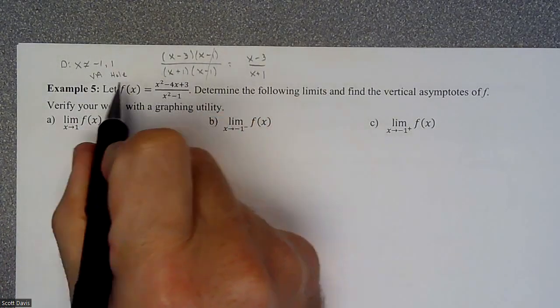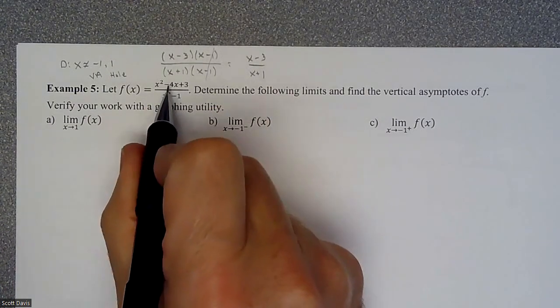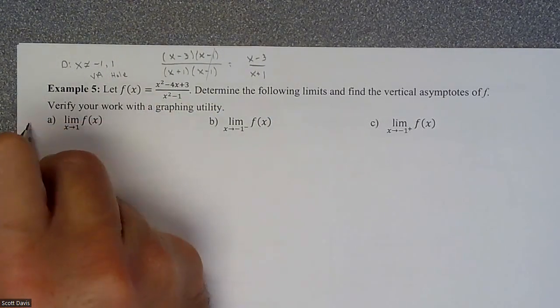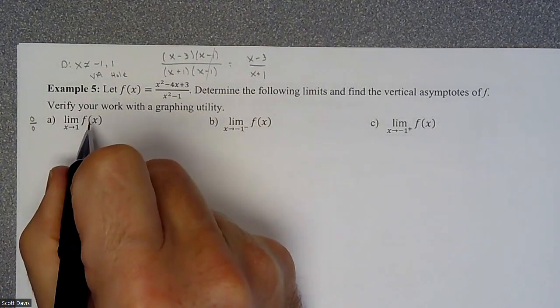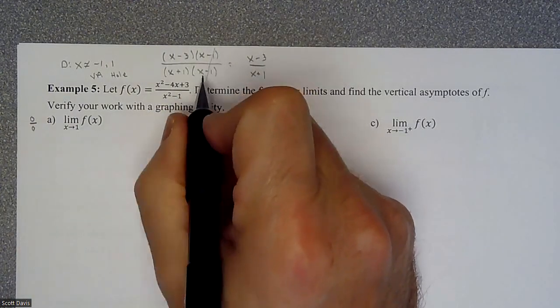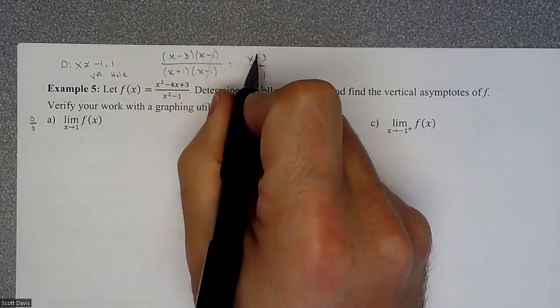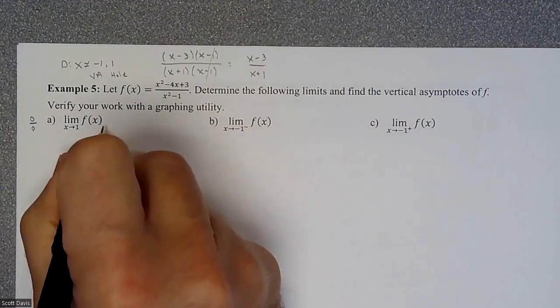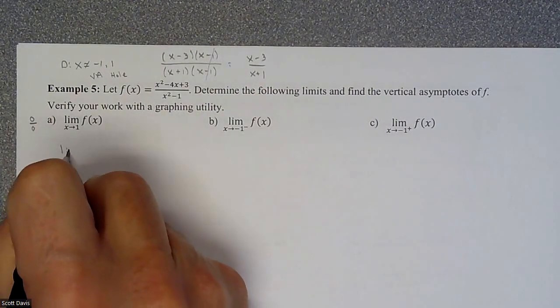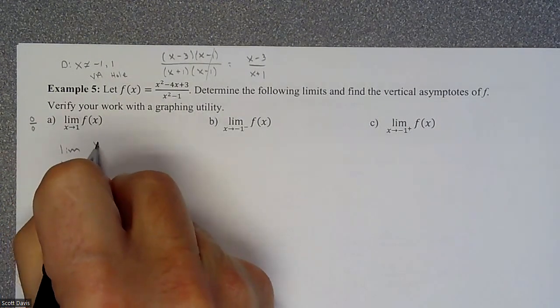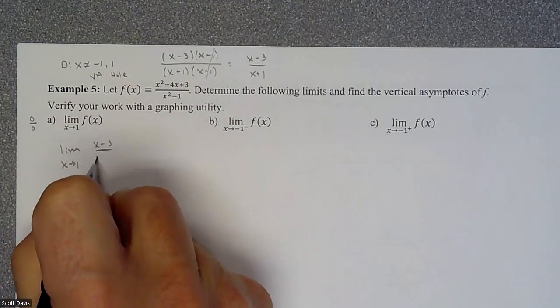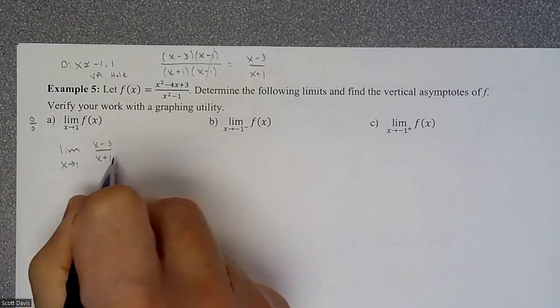I couldn't plug it into the original one because I'd get 0 over 0, which screams hole. If I know I'm going to get a hole, that means I probably have a factor that's going to cancel out. So we have a simpler version: the limit as x approaches 1 of x minus 3 over x plus 1.